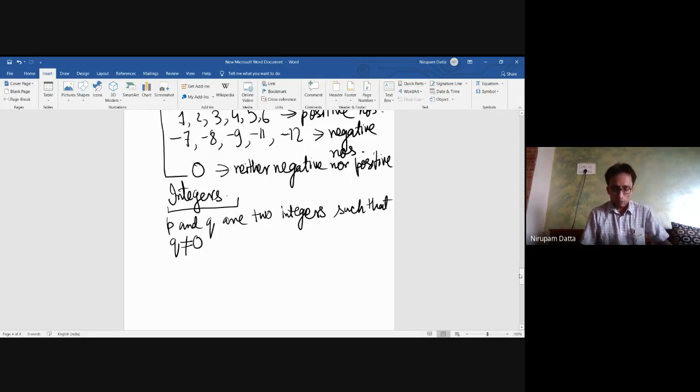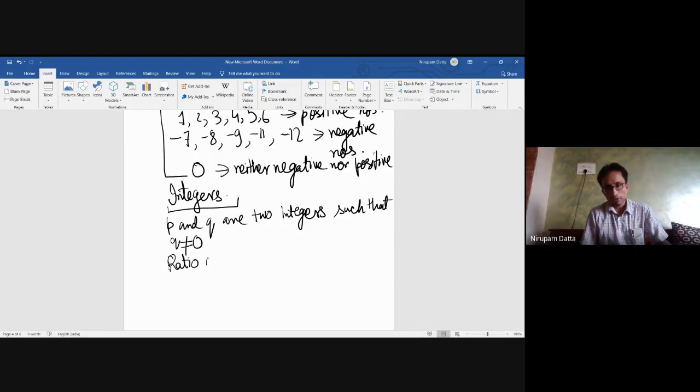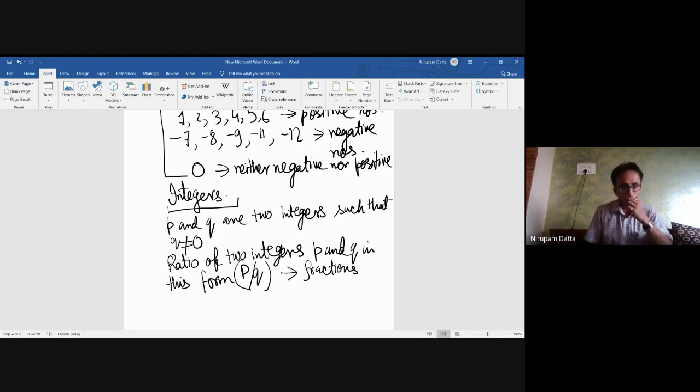Now this ratio of two integers, P and Q, in this form, P by Q, where Q is not equal to 0, we get what is known as fractions. These fractions can be equal to an integer, or can be between two integers.